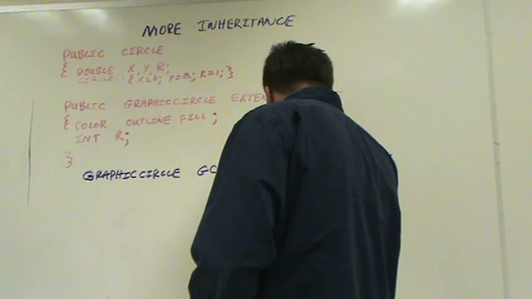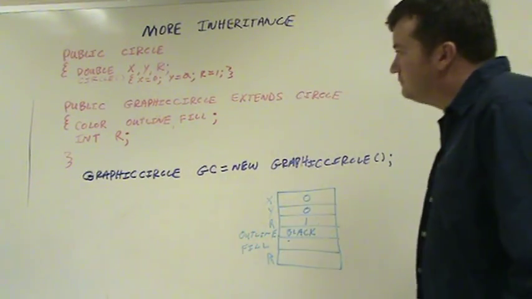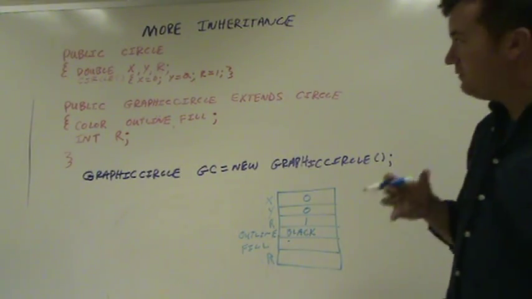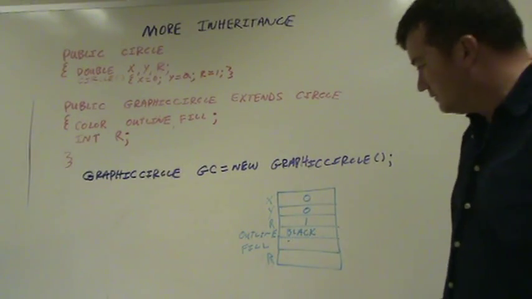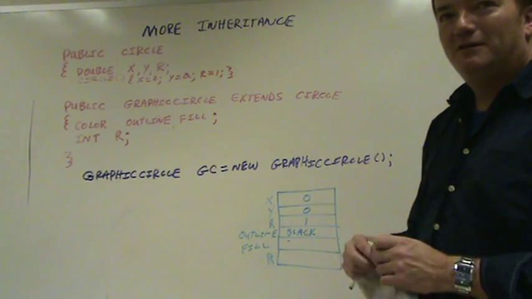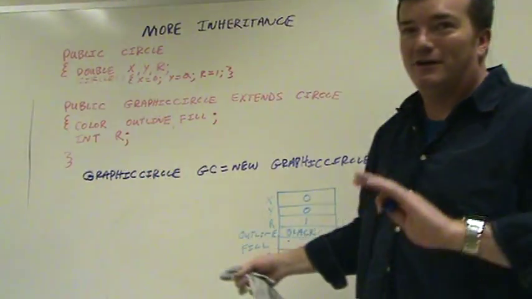Black, well, we never defined what the default values of these are. So default colors, I don't know, what do you think the default color is? If you just had a field, because this is a field that we created, it's not a primitive type.